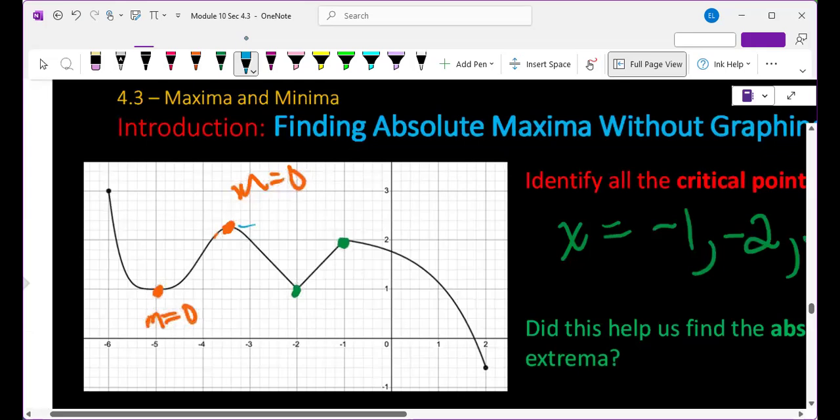It's like 2 point something. But are there points that are even higher than that? Yep, over here, it gets all the way up to 3. So we've got an absolute max of 3, but that's not any of the critical points. And likewise, if we look for the absolute min, that's way down here at, I guess, negative 0.6.